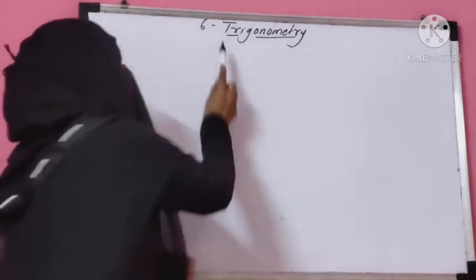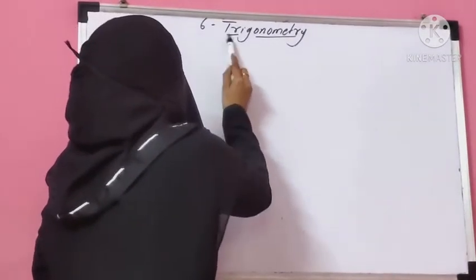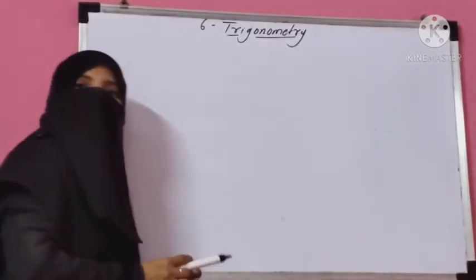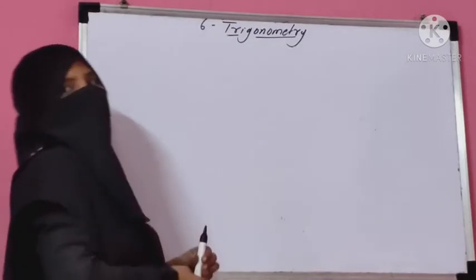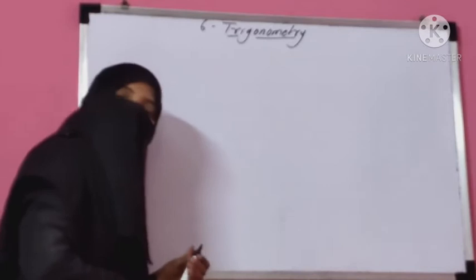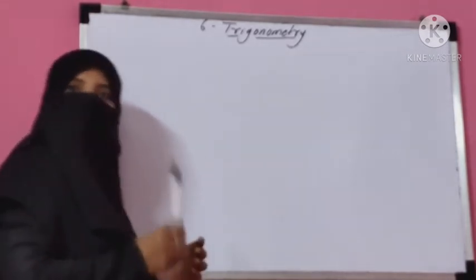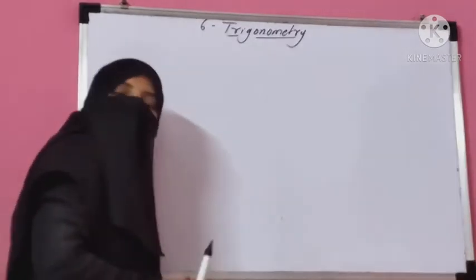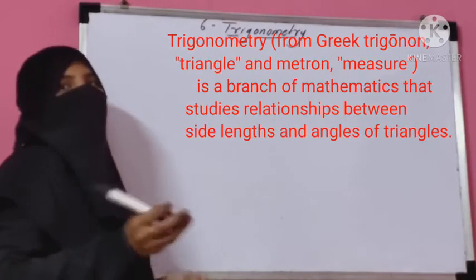In the Greek word, trigono means triangle. Metry means measure of sides, measure of angles and length of sides. From the meaning you got the idea: trigonometry is the branch of mathematics. Trigono means triangle, metry means measure of angles and length of sides.